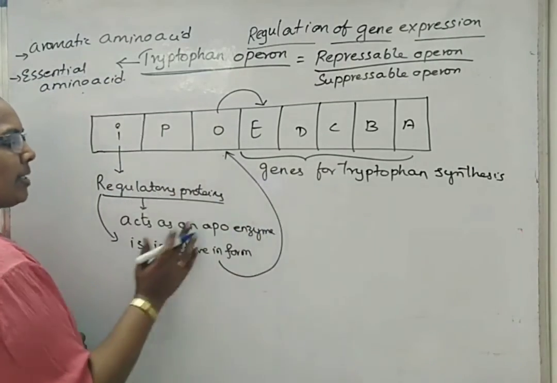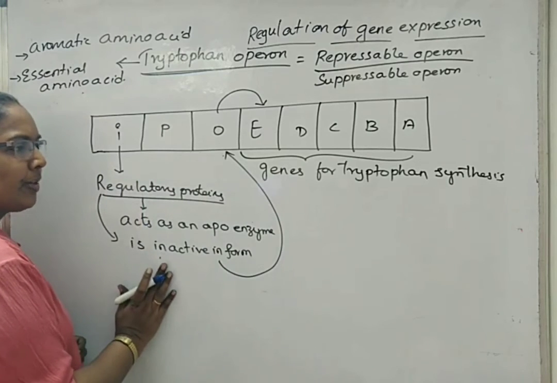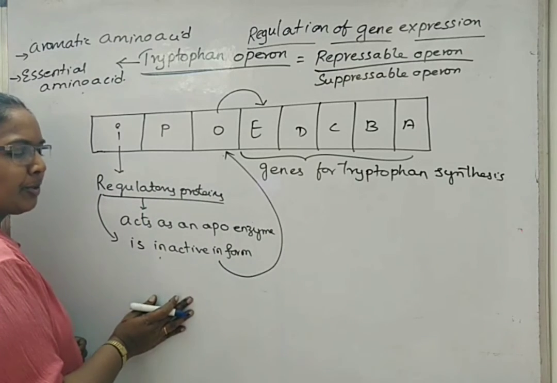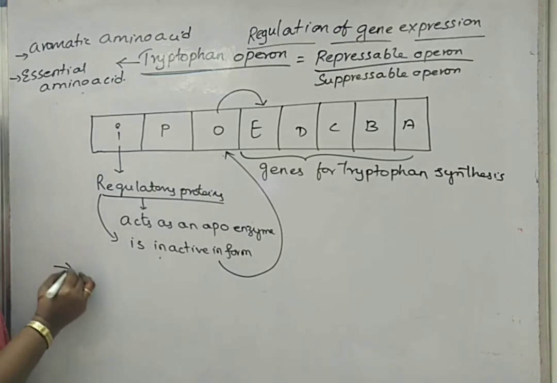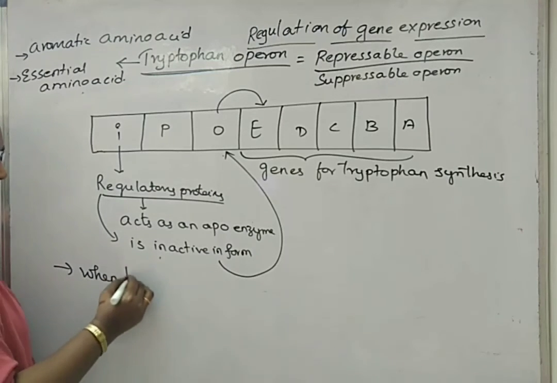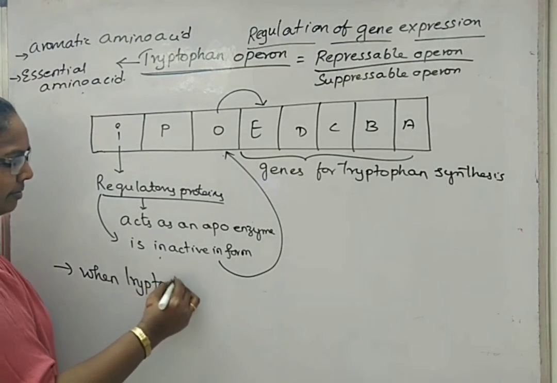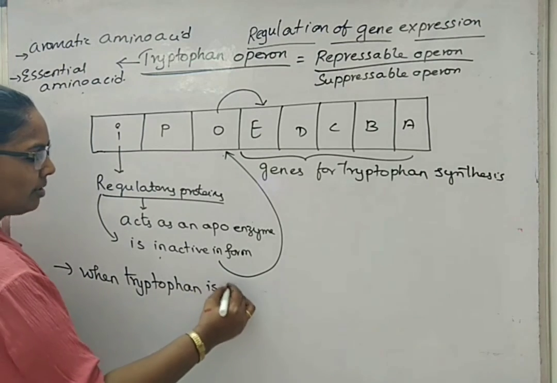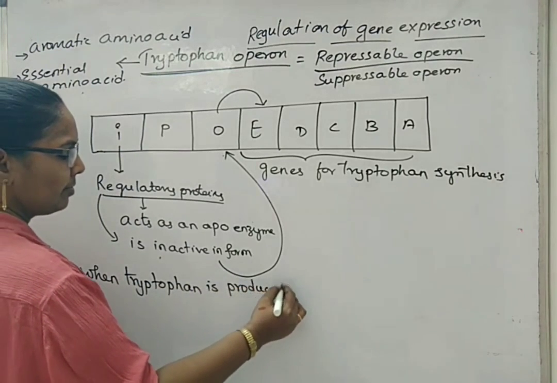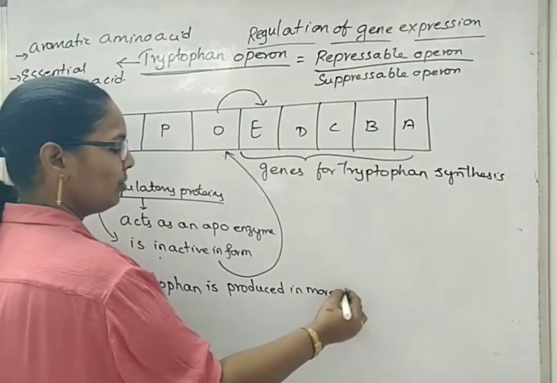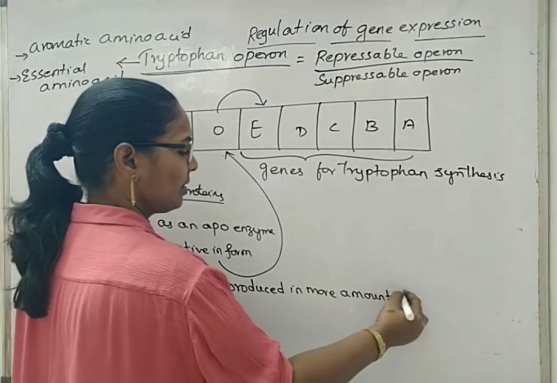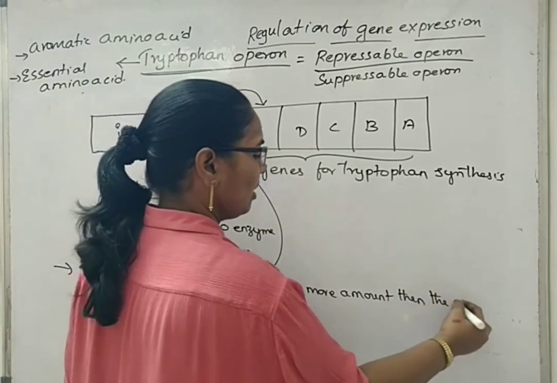This total process happens when sufficient tryptophan is produced, or more tryptophan is produced than required. When tryptophan is produced in more amount, then the operon stops.